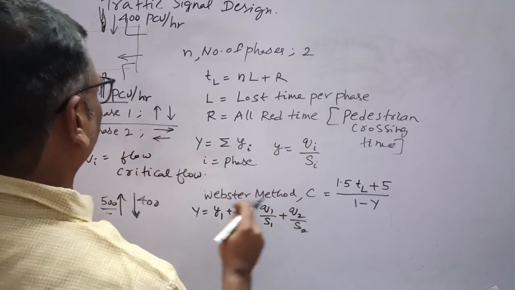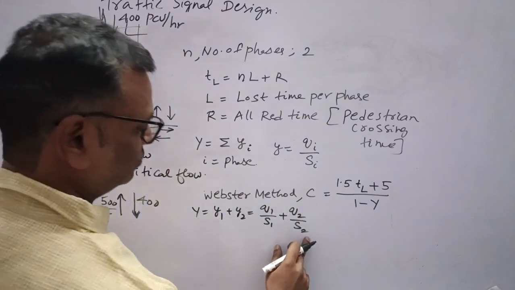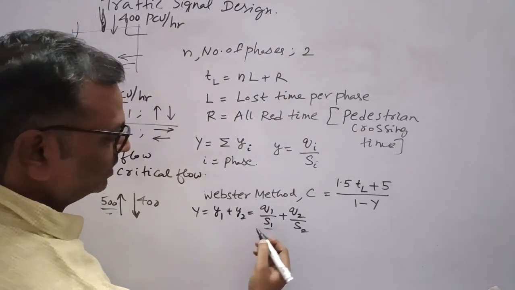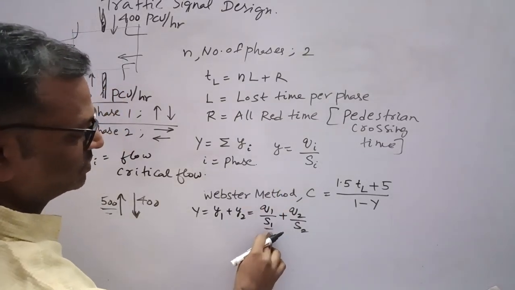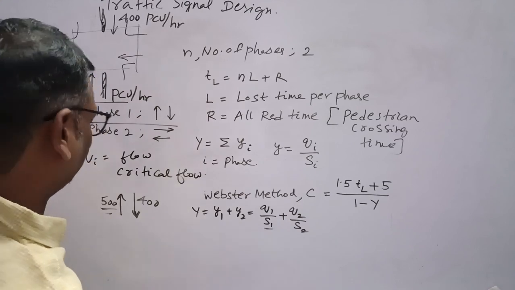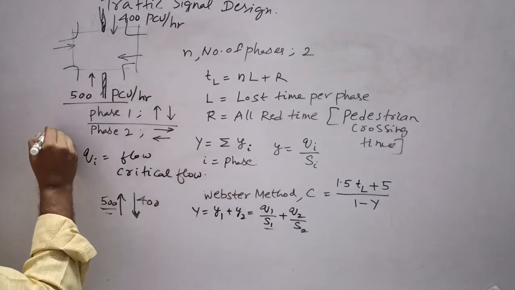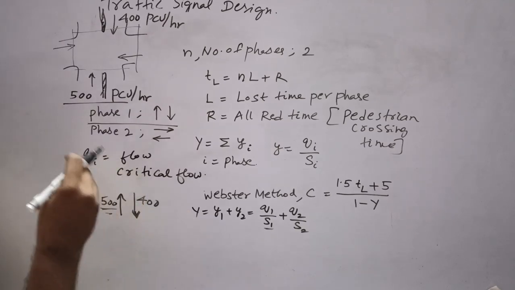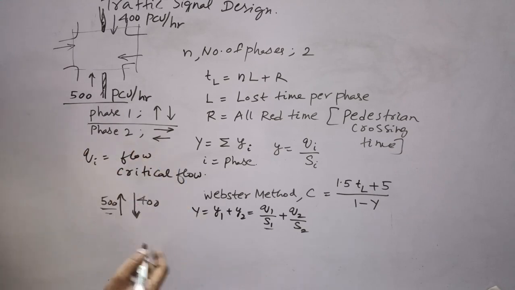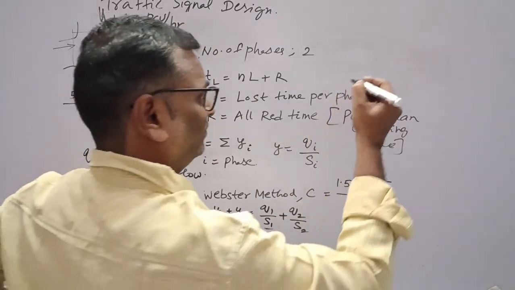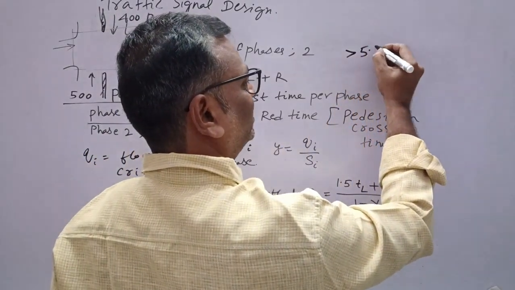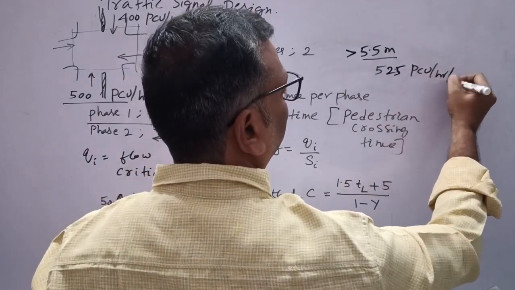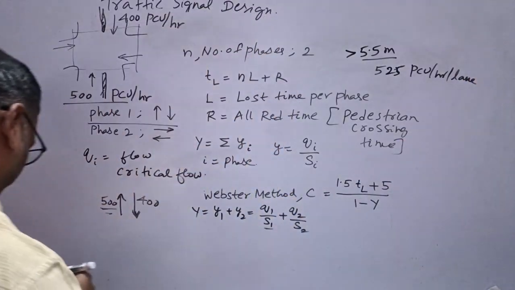So Q1, Q2 depend on the traffic, S1 and S2 depend on the width of the road. As the width increases, saturation flow will also increase. As per IRC, for 3 meter it is 1850, for 3.5 meter 1890, like that it goes on. If the width of the road is more than 5.5 meter, it is per PCU per hour per lane.